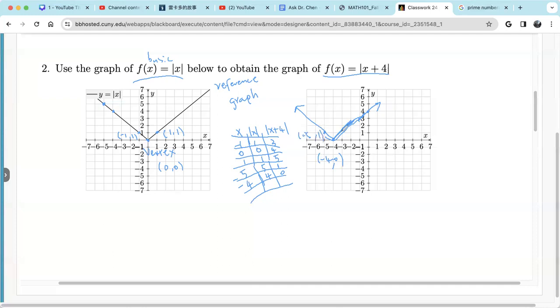And 1, 1 is now moved to negative 3, 1. So all the x values have 4 subtracted. Let's call this g and the reference f. This is a horizontal translation of f. It's f of x plus 4.